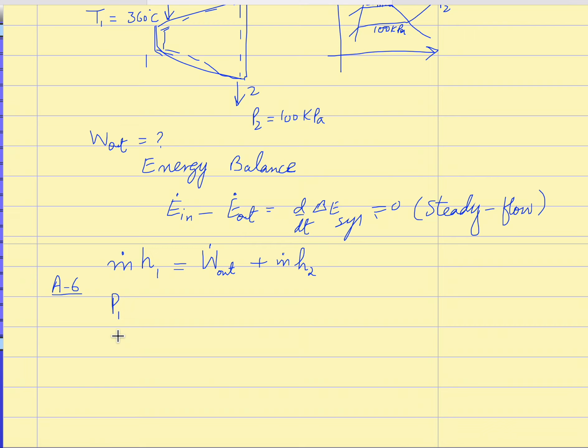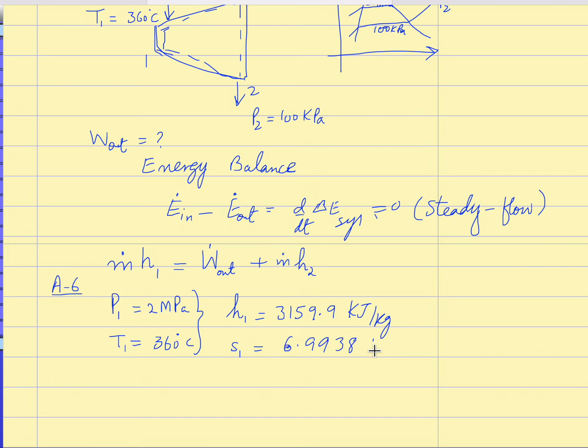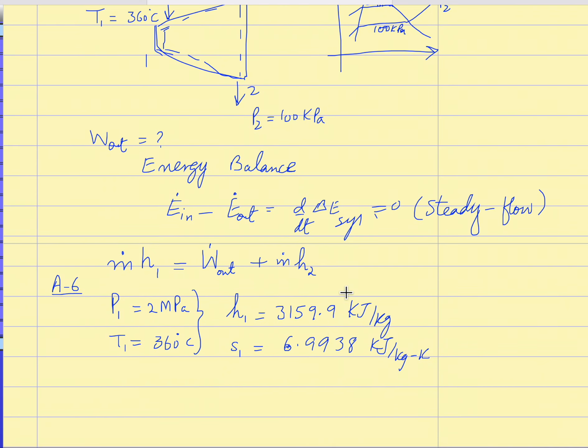Now looking into the steam table, table A6, at P1 and T1, which is 2 megapascals, 360 degrees Celsius, H1 is equal to 3159.9 kilojoules per kilogram, and S1 is 6.9938 kilojoules per kilogram Kelvin, and this is the entropy.